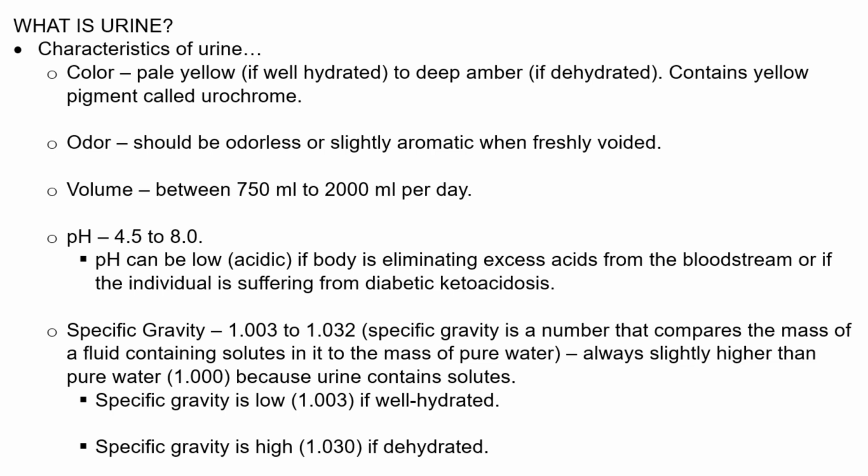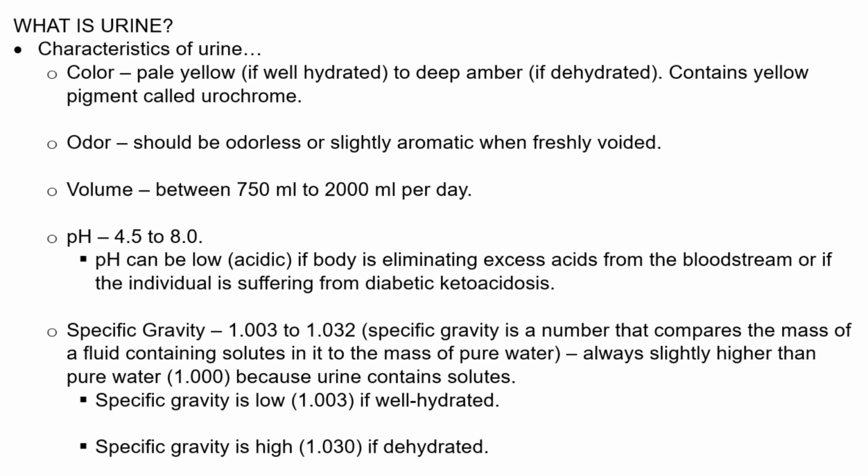The specific gravity of urine should be in the range of 1.003 to 1.032. Specific gravity is a number that compares the mass of a volume of fluid containing solutes or dissolved substances to an equal volume of pure water.